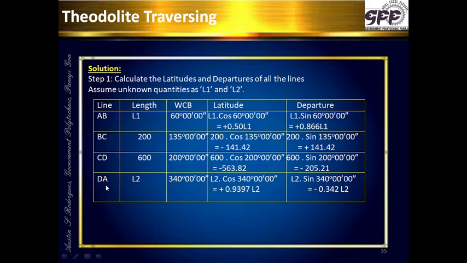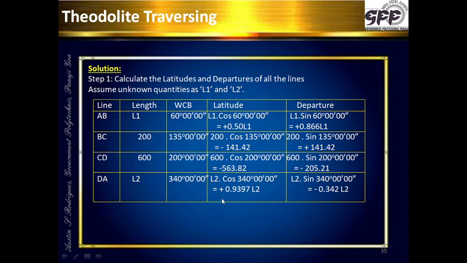Coming to DA, the last line, the closing line, we have an unknown length, that is L2. The whole circle bearing is 340 degrees. The latitude is L cos theta, so L2 into cos of 340 degrees.